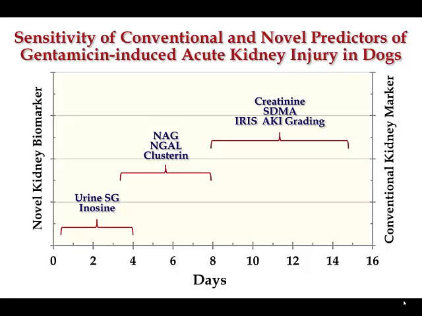So with a spectrum of biomarkers, particularly if we could include one that might also be useful at looking at the recovery phase, then we would have a very, very useful understanding of where this animal was in its kidney injury and perhaps which direction it might be heading. That's all I got to say.